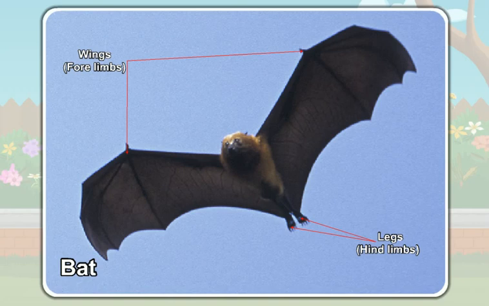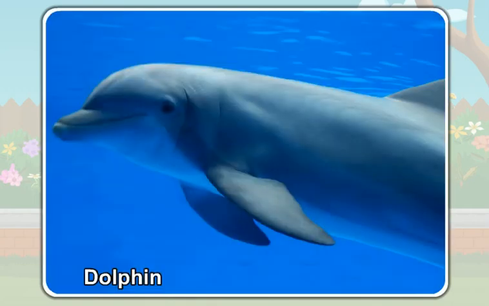So, wings are its forelimbs. Likewise, the forelimbs of a dolphin are modified into the flippers. So, the flippers are its forelimbs. But a dolphin does not have hind limbs.